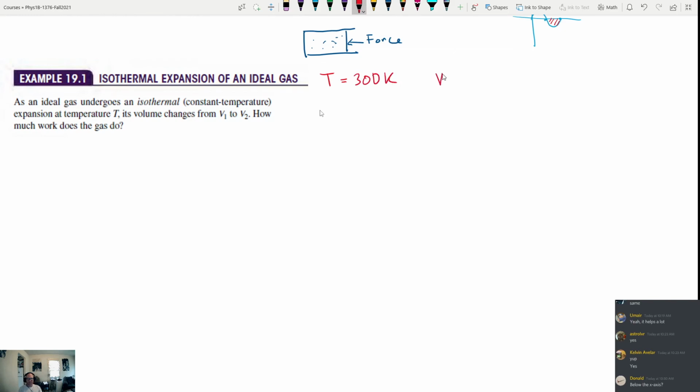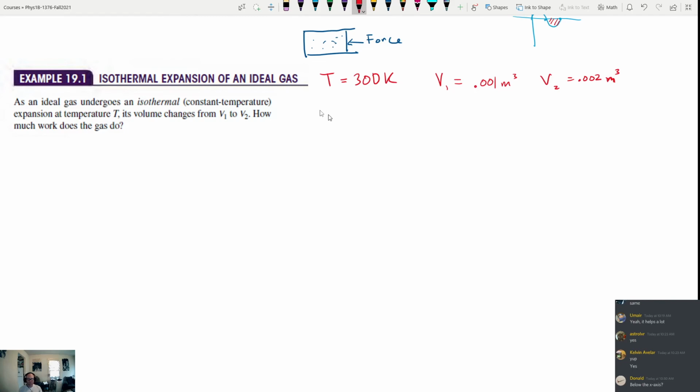And let's say that the volume goes from 1 liter to 2 liters. So we'll solve it symbolically, and then we'll put some numbers on.